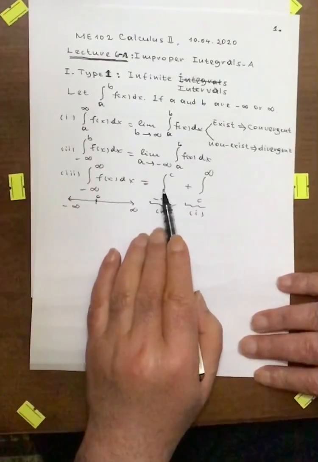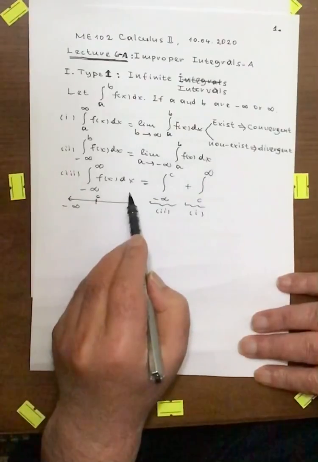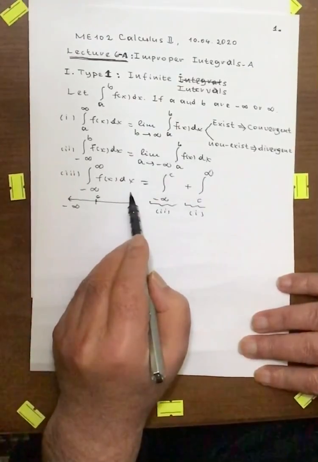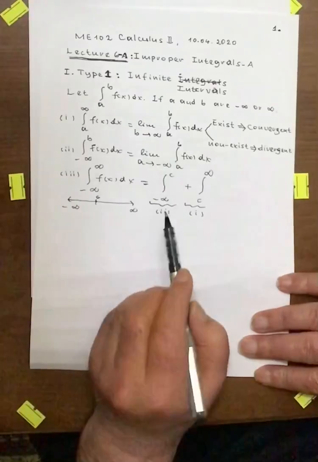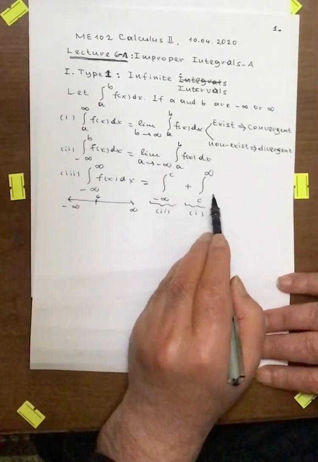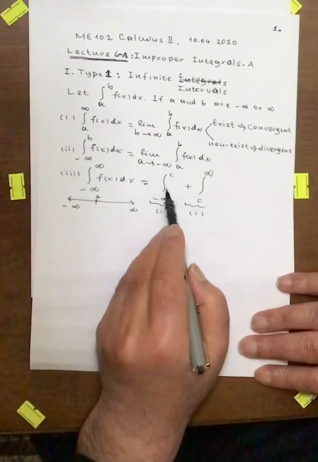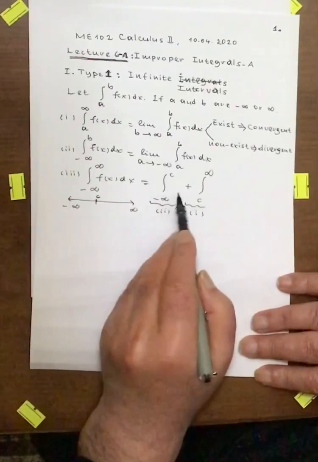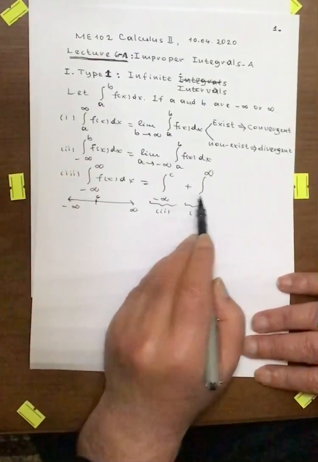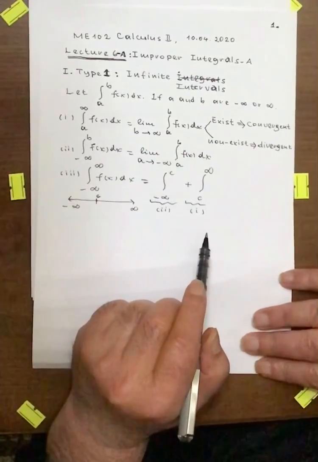Okay, now if this and this are convergent, then we call this given integral convergent. If this one or this one is not convergent, which is this one or this one does not exist, at that time we call this given integral divergent.